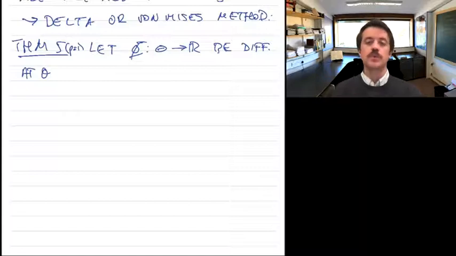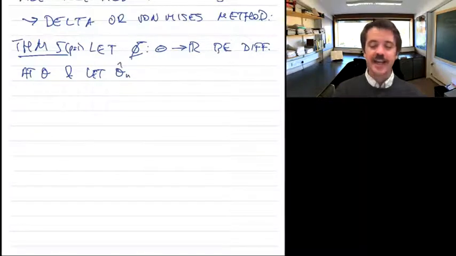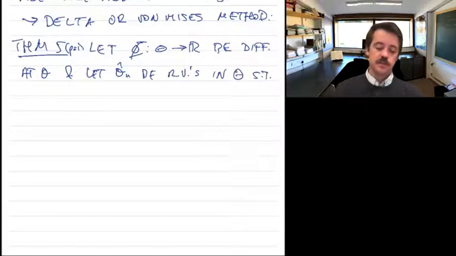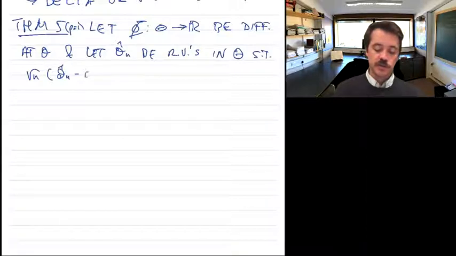Let theta n hat, I didn't write the MLE, be random variables in this space, such that we have some asymptotic distributional result.